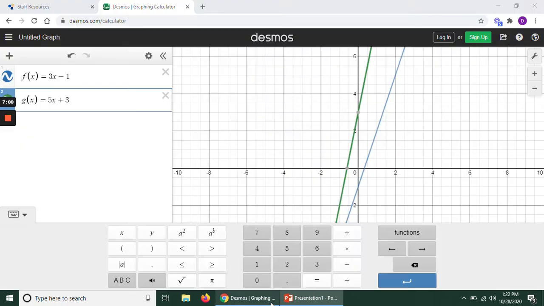So those are the two functions that have been given to us.